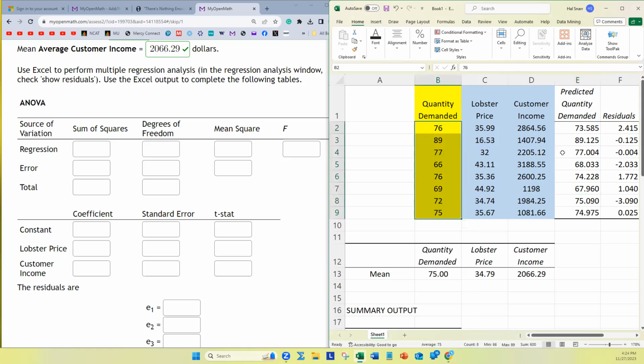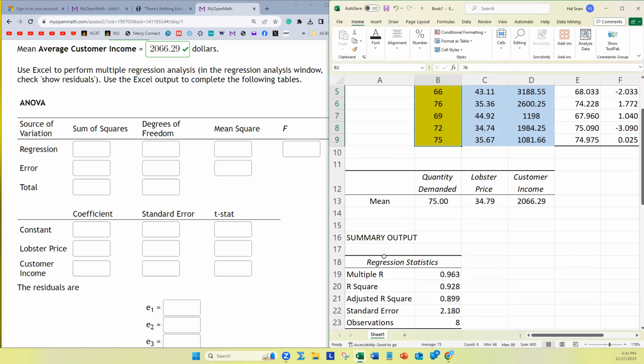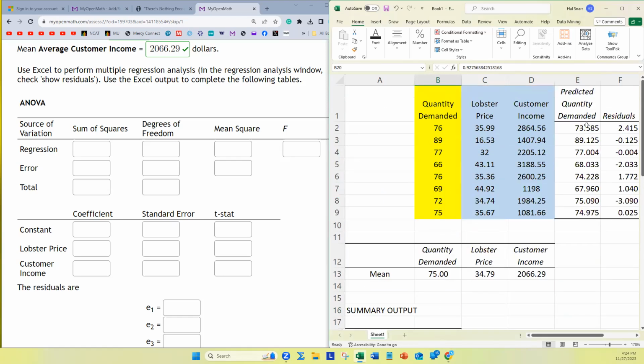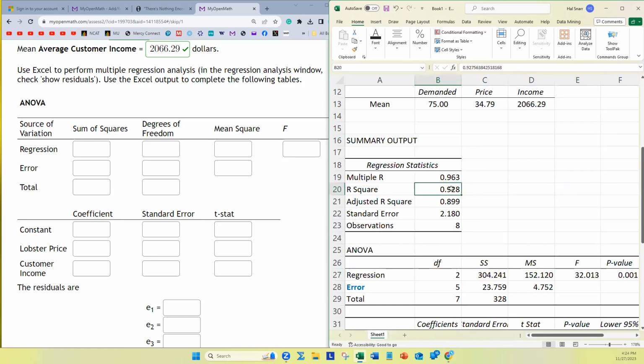And the closer they are in value, generally the R-square will rise. If these are identical to these, then this will be 1. If this is 1, this error here, sum of squares error, will be 0. These two would be 0, right? And this would be really extremely large, because anything divided by 0 would be really extremely large.